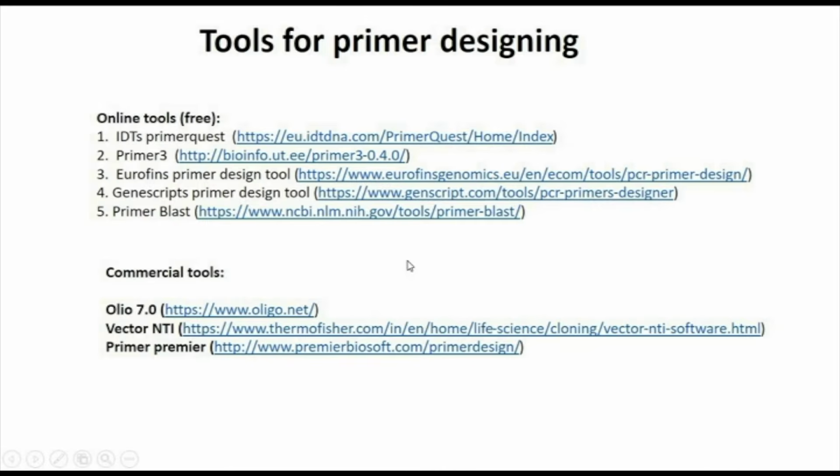These are some of the tools available online for free, but there are commercial tools also available like Algo 7, Vector NTI, Primer Firmware. So if you are interested in these softwares, you can just go through these sites and submit your sequence, you will get your primers.